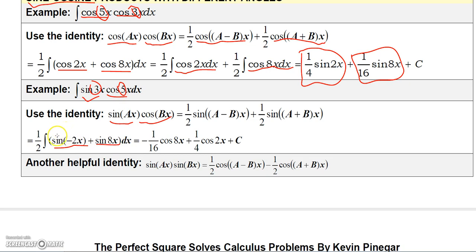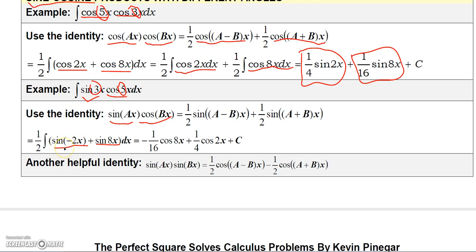And so on this one, I just went ahead and integrated it from here. Now remember, when you integrate sine u, you get minus cosine u.